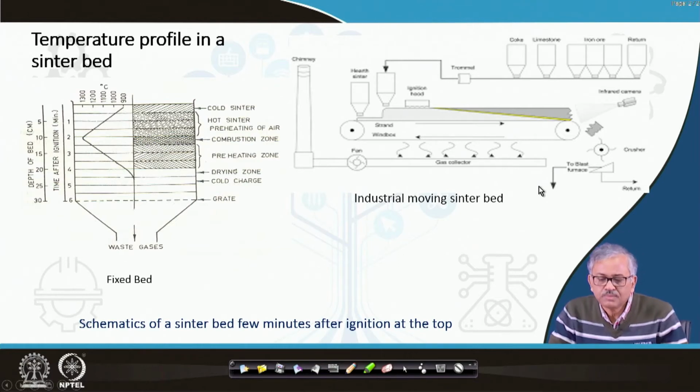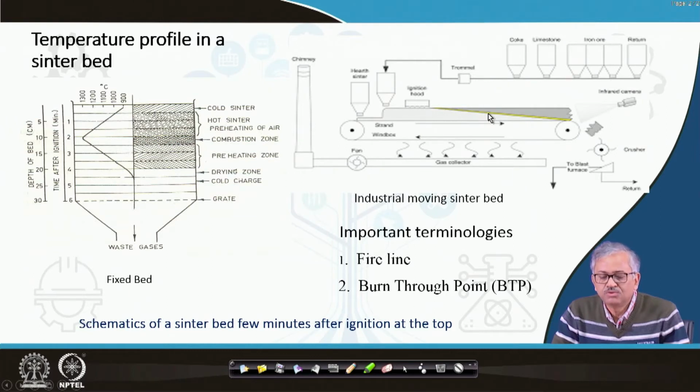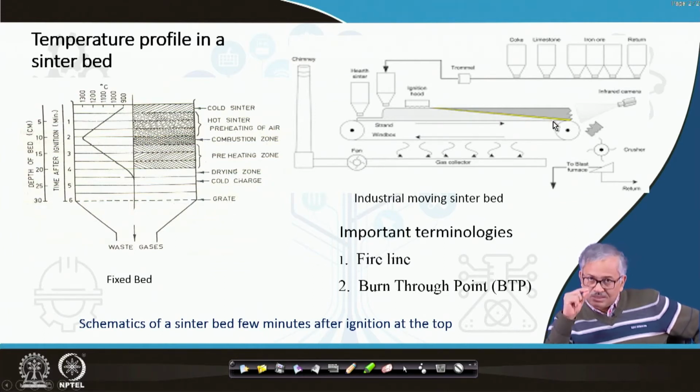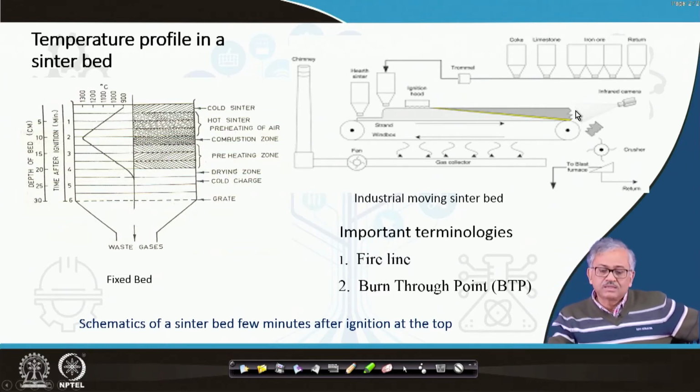Okay. So there are two important terminologies. One is called the fire line, which, as I said, is how the flame moves into the sinter bed. Another terminology is called the burn through point, the BTP. BTP is when the fire line reaches the bottom of the sinter bed. That is called the burn through point. At that location of the strand, BTP has been achieved.